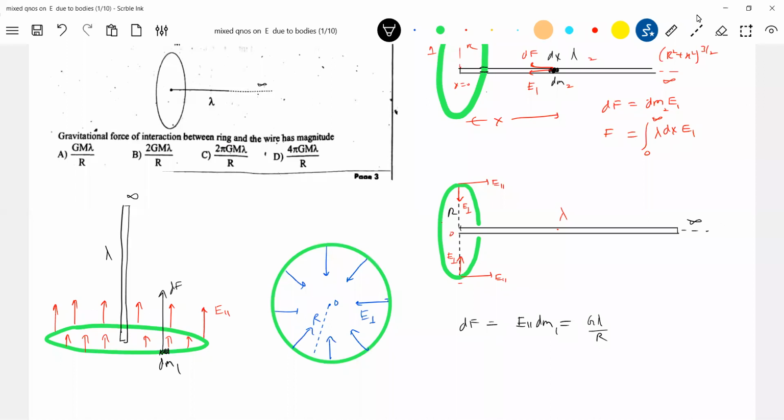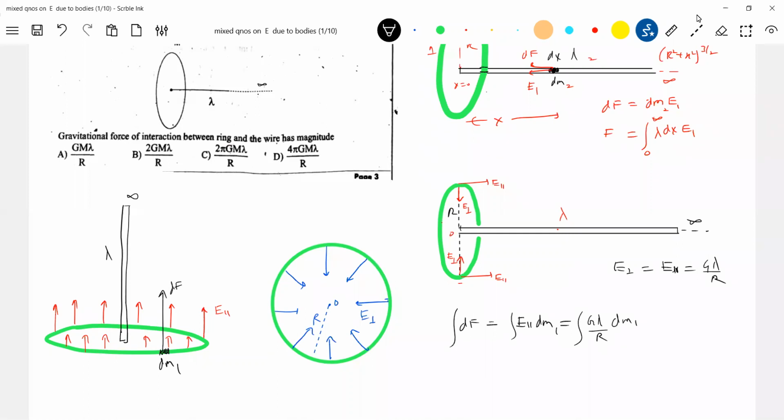G lambda by r. Both E perpendicular and E parallel, how much value will be G lambda by r. And then what is dm? dm is the mass, that one. So I'll integrate this. G lambda by r is a constant, comes outside. What is the total mass of the ring?